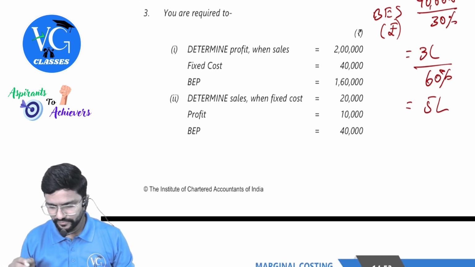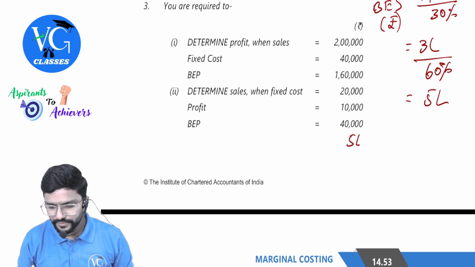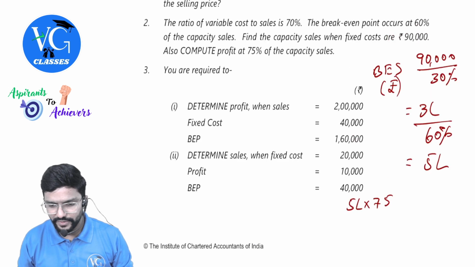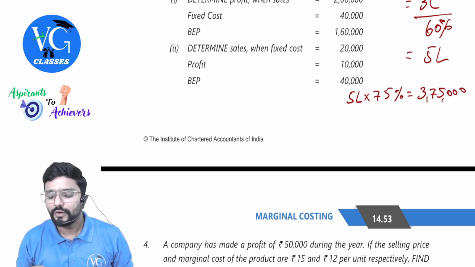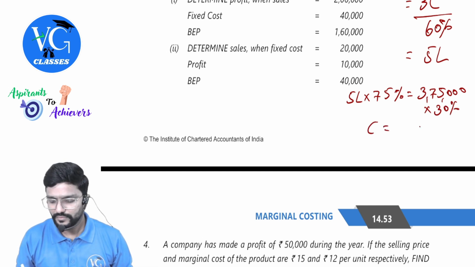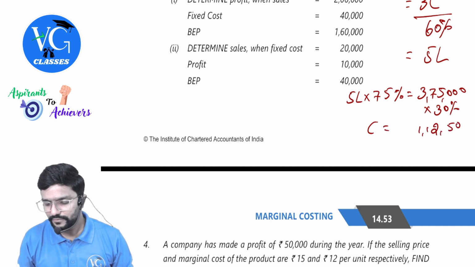Let me show somewhere. 5 lakh into 75%. 375. So into 30% contribution, 1,12,500, minus fixed cost.